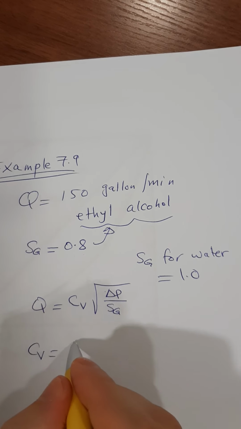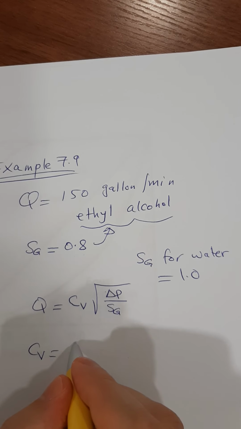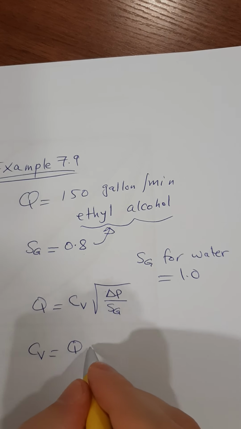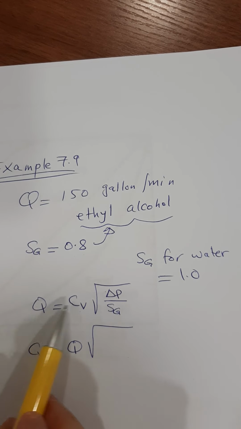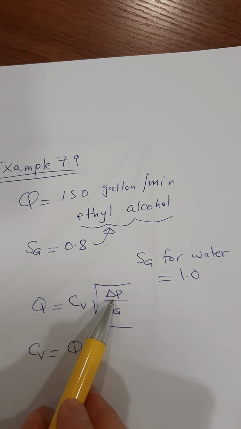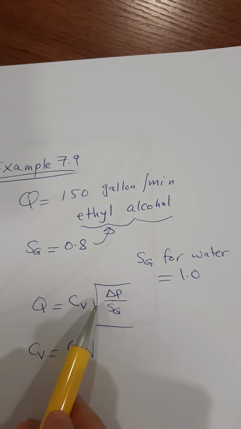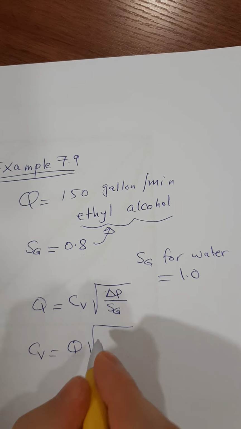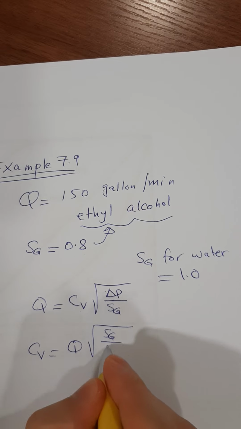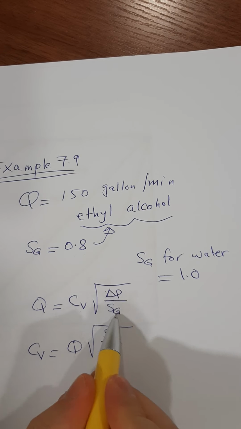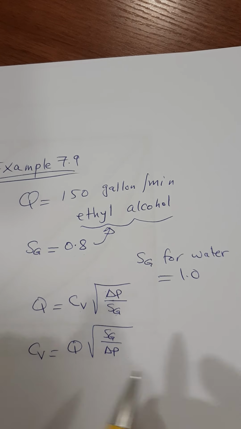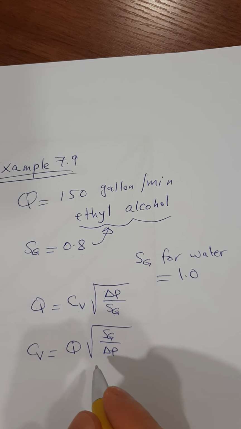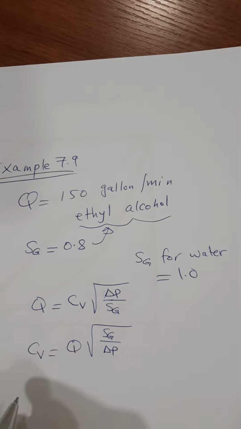CV is equal to Q times the square root of SG over delta P. Here it is delta P over SG, here SG over delta P, because we divide.